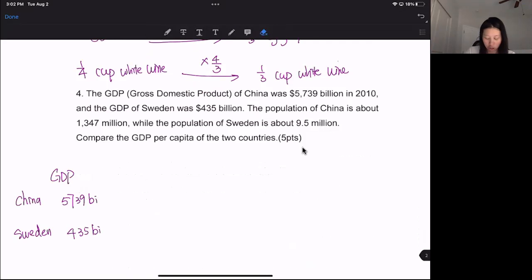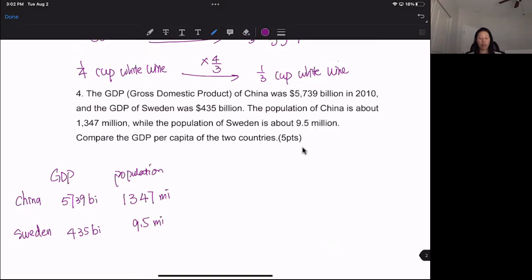But the population of China is about 1,347 million, whereas Sweden is about 9.5 million.